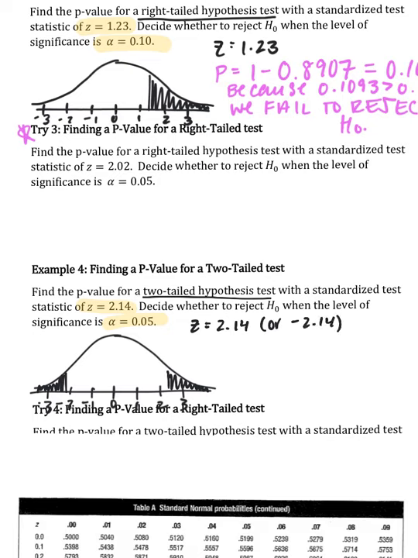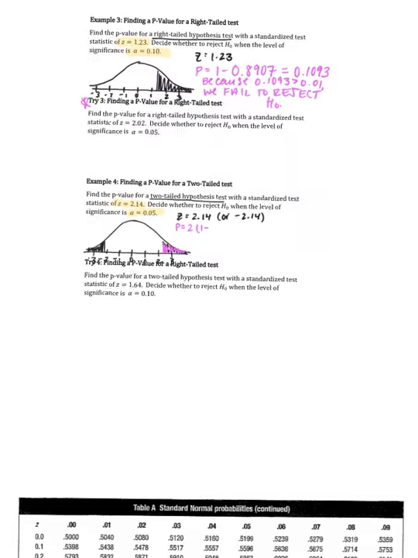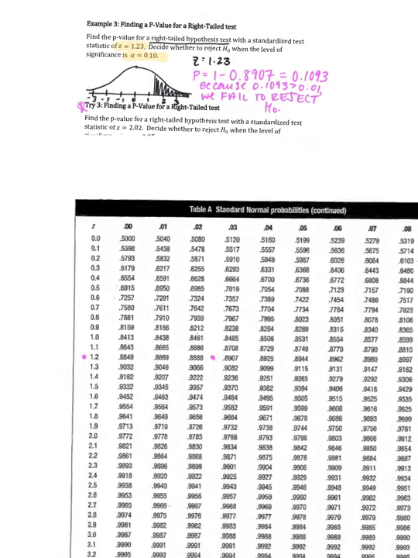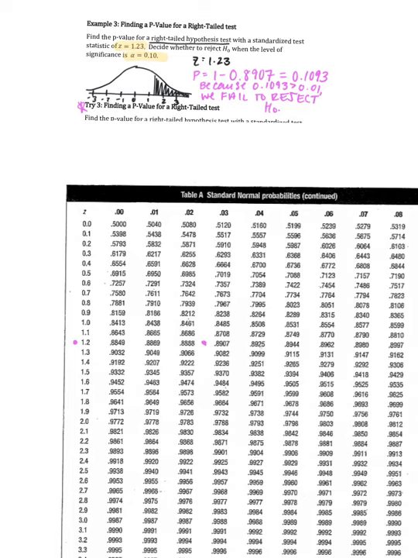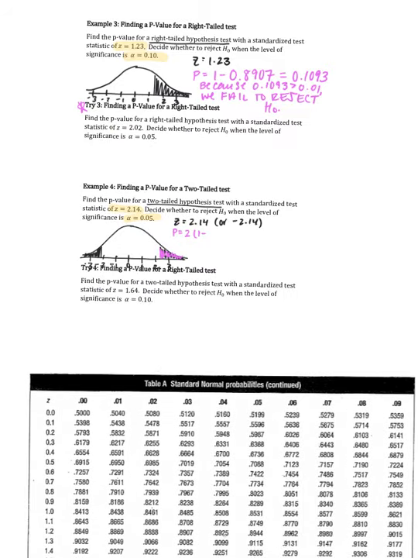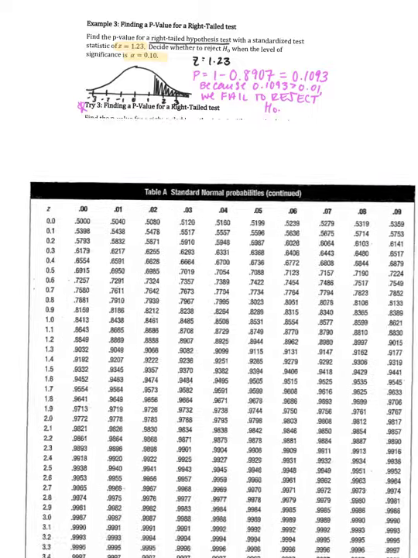You could use negative 2.14, whatever's easier. I always just use the one that's provided, so we're just going to do positive 2.14, which means I'm actually going to start off by finding the area to the right, okay? So P is going to be 2 times that area to the right, so it's going to be 1 minus whatever it corresponds to. So now let's figure out what we correspond to. All right, so we've got positive 2.14.